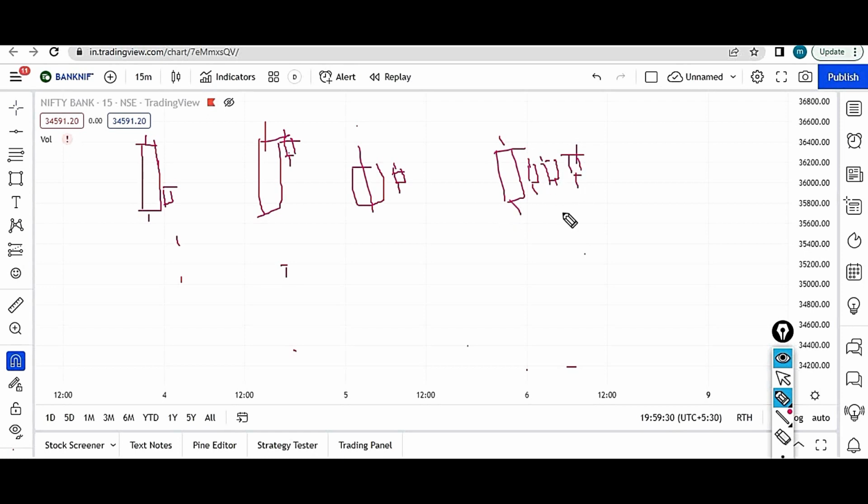The small candles' high and low won't cross and won't touch the high and low of the master candle or mother candle. This is how they usually form.